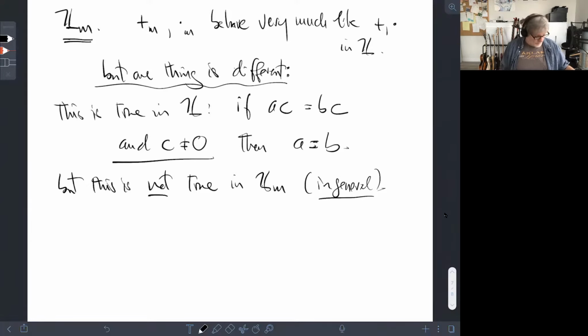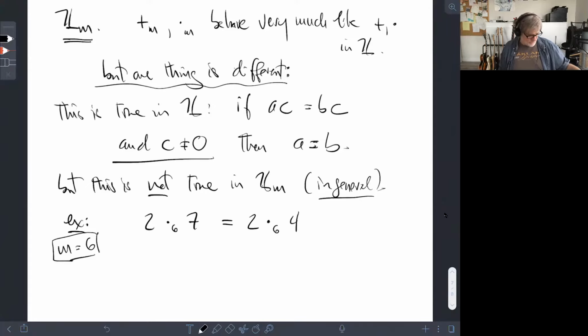But here's an example. 14, that's 2 times 7. I'm looking at m equals 6 here. 2 times 7 is 14. This turns out to be the same as 2 times 4 in Z6. Okay?